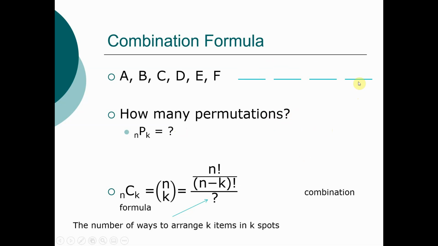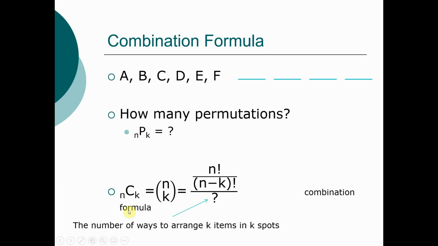But in each of these permutations, each group, let's say A, B, C, D, if objects A, B, C, and D are selected, they're counted 4 factorial times. Why? Because one case would be A, B, C, D, another one would be A, B, D, C, and so on. A, C, B, D, A, C, D, B, and so on.